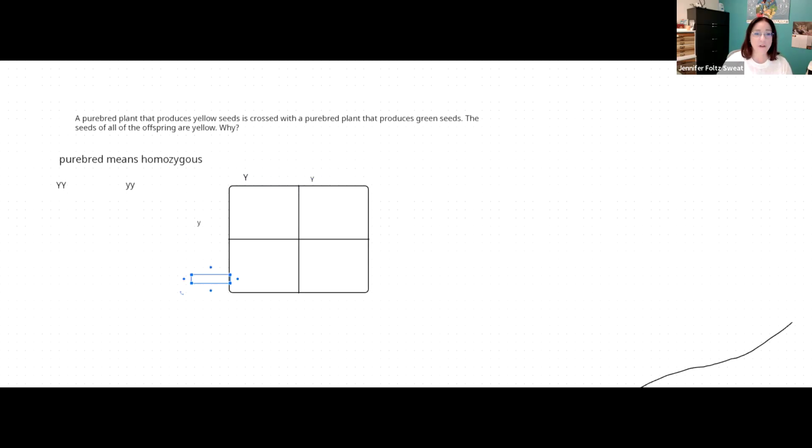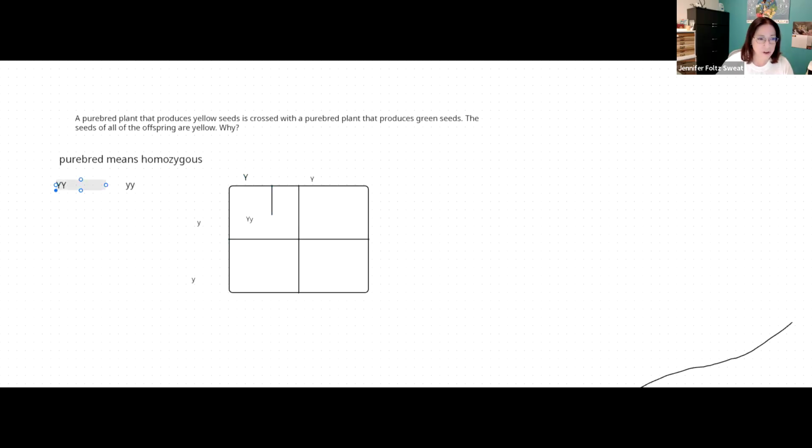Okay, so if I join these alleles in the squares, I have big Y, little y, right? Because I'm joining this allele here coming down into the box, and this allele here going into the box.